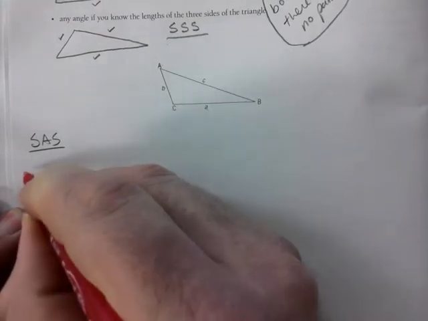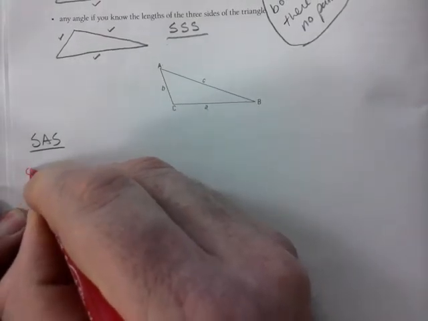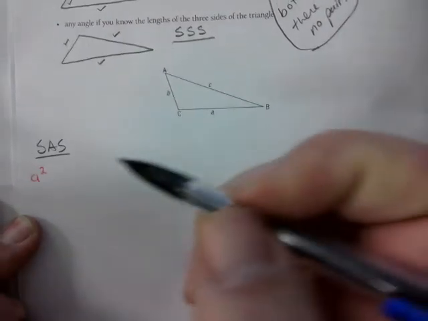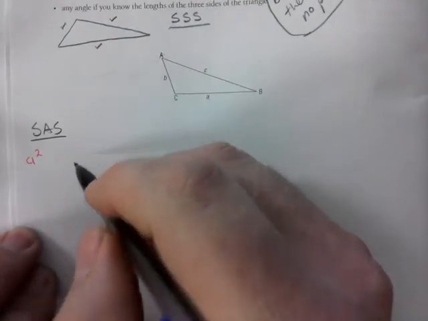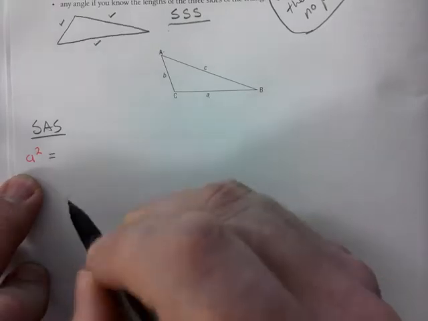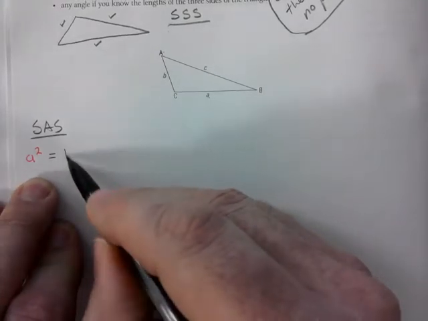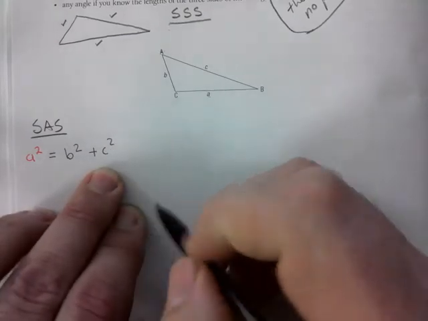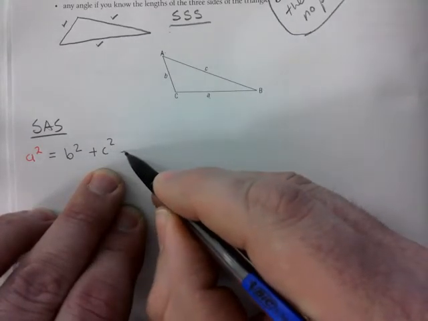If you wanted to solve for side A, you would start it like this. A squared, I'm going back to pencil, A squared is equal to B squared plus C squared. You're like, hey, that's Pythagorean theorem. But now it changes significantly.